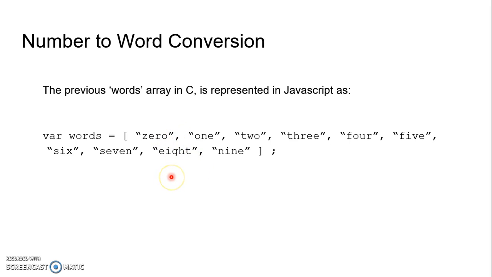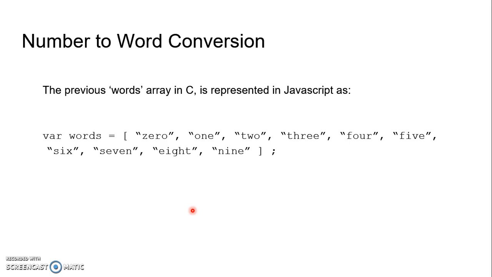The only major difference from the C language is that the array values in JavaScript are represented using square brackets, and we are not presenting the size for this variable in the array declaration in JavaScript.